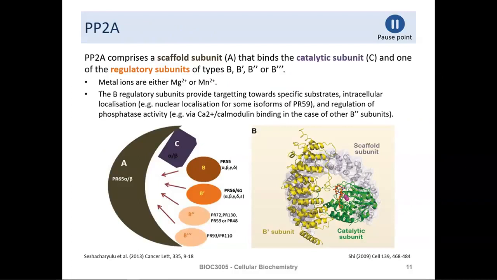Another phosphatase we will take a closer look at is PP2A. PP2A is a holoenzyme complex, and they are heterotrimers, which consist of a core scaffold subunit, shown as A. This binds to a catalytic subunit, C, and also one of several different types of regulatory subunits.